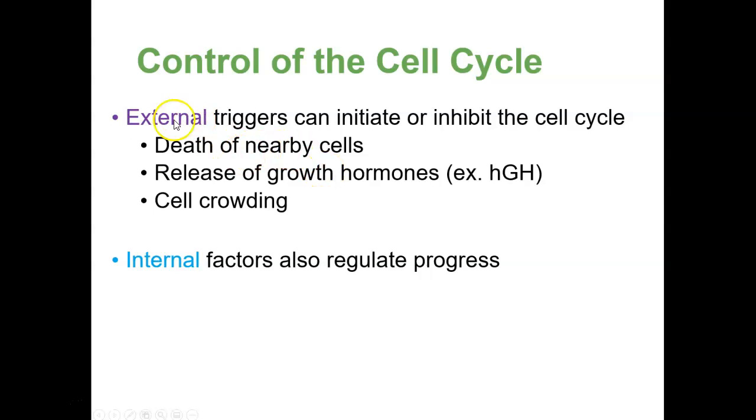The release of growth hormones can trigger a cell to go through its cell cycle and make more. And cell crowding can actually inhibit the cell cycle. So some cells, when they touch one another, they send a signal that says, don't go through the cell cycle anymore. We have plenty of cells. There are also internal factors that can regulate the cell cycle.